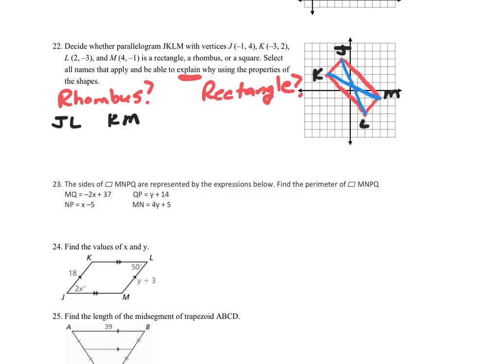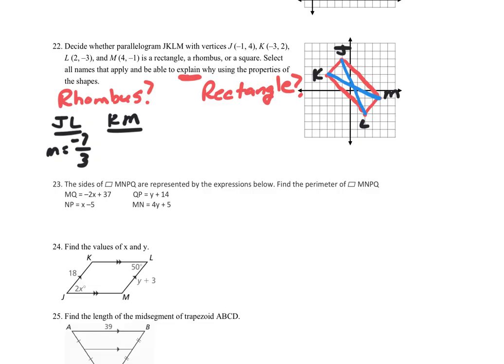So if I go from J to L, I'm going to go down 1, 2, 3, 4, 5, 6, 7 over 3. So from J to L, my slope is down 7, right 3. For KM, we're going to go down 1, 2, 3 over 1, 2, 3, 4, 5, 6, 7.